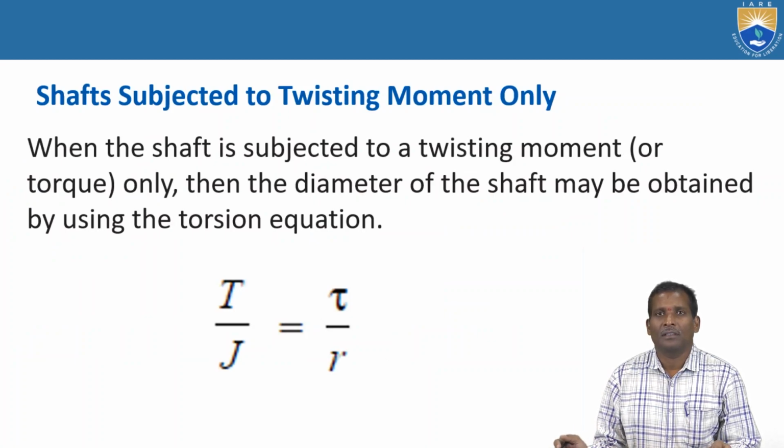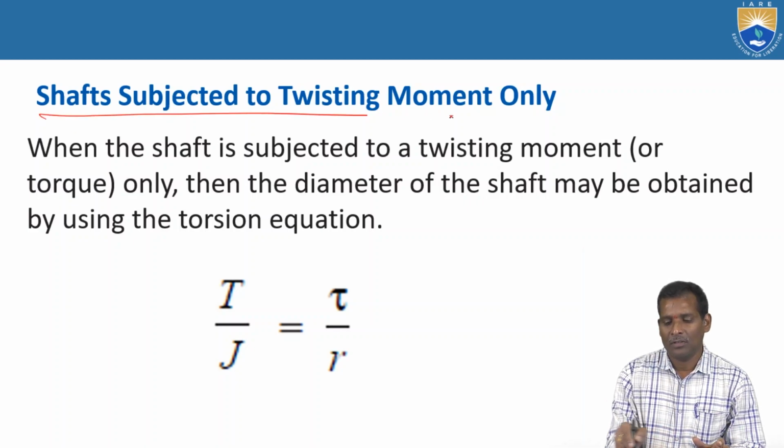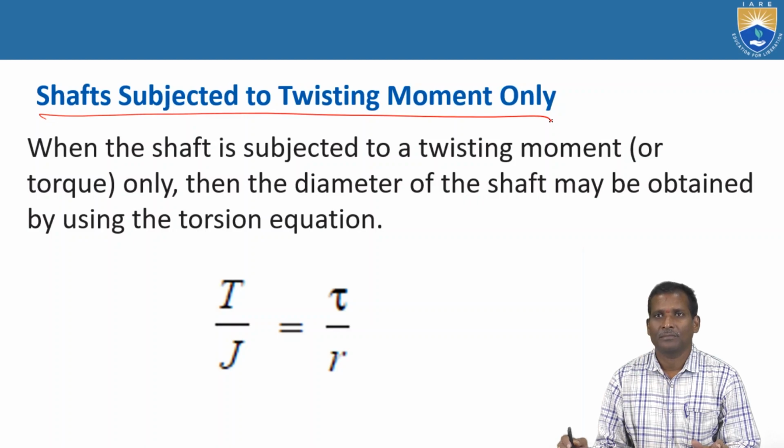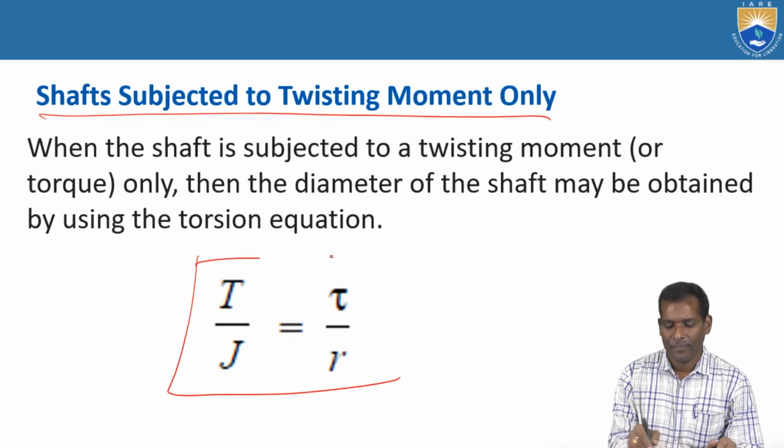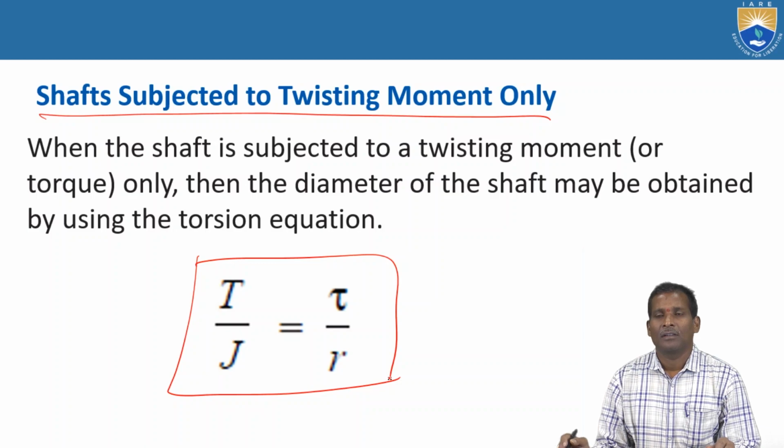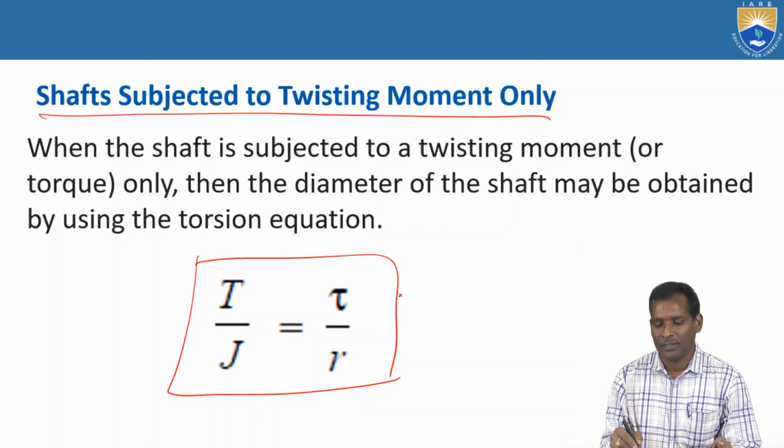Next, first one, shaft subjected to twisting moment. When the shaft is subjected to a twisting moment or torque, the diameter needs to be calculated by using the torsion equation. So T by J is equal to tau by R, already you know this torsion equation.